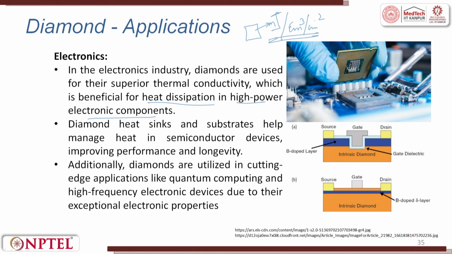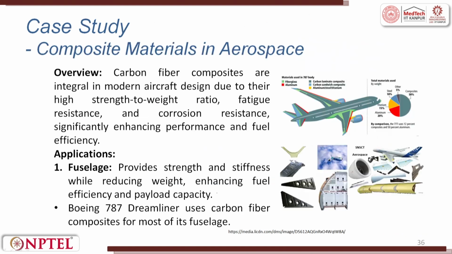This area is very small. Because of that, the density of heat is pretty high. The heat has to be dissipated. So, that is why diamond is used as a material. Diamond heat sinks and substrates help to manage heat in the semiconductor industry. Diamond is utilized in cutting edge applications like quantum computing and high frequency electronic devices.